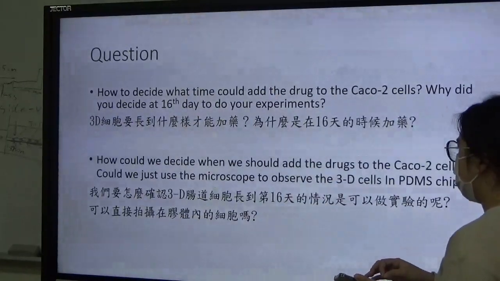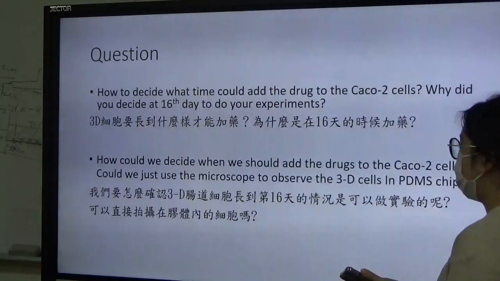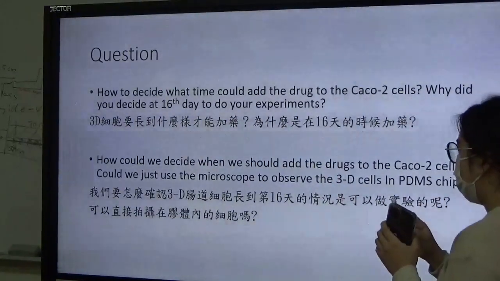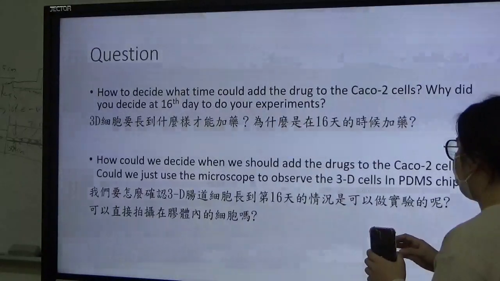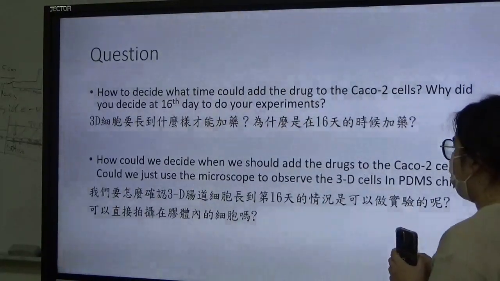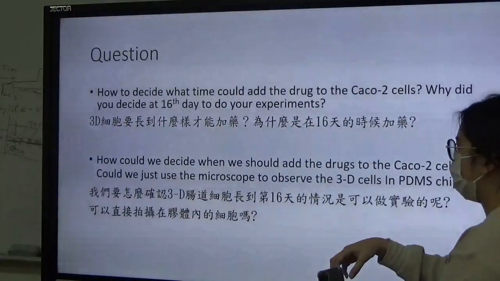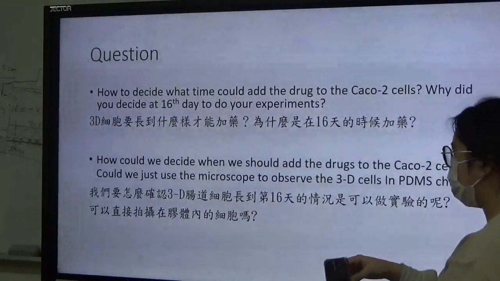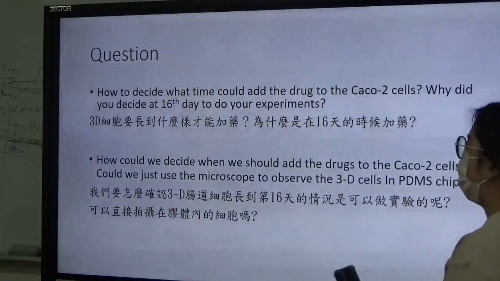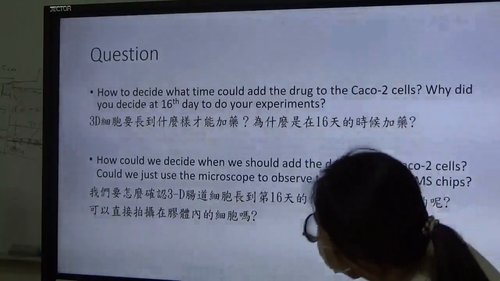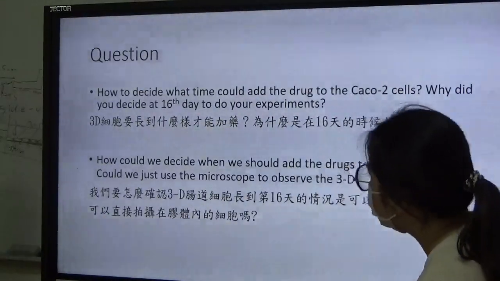It says it's transparent and it can be observed under the microscope. Yes, of course. So we can just take it and directly see the cells.